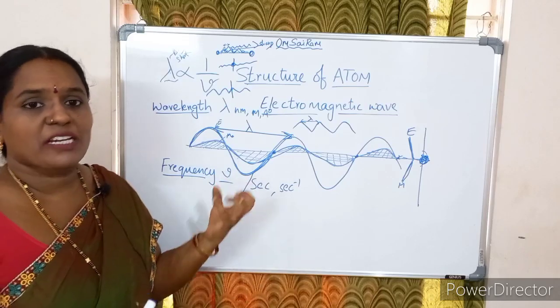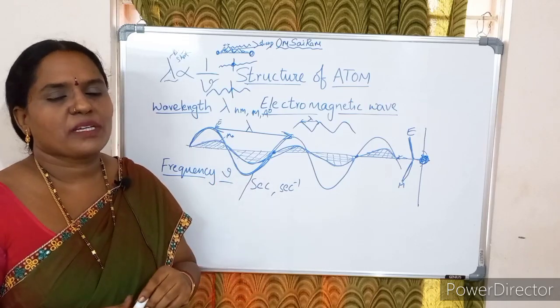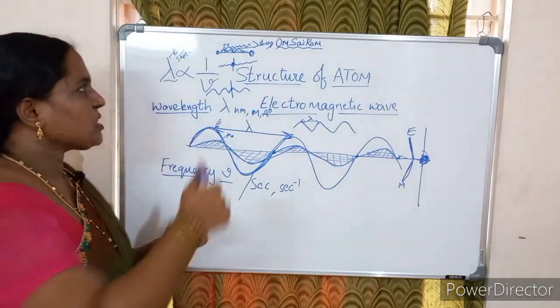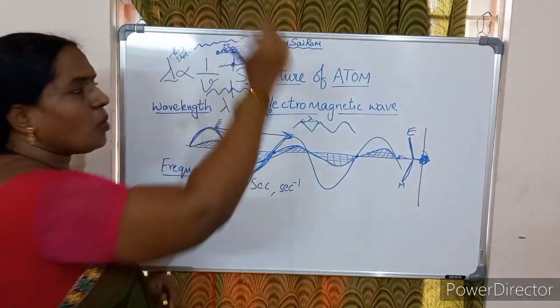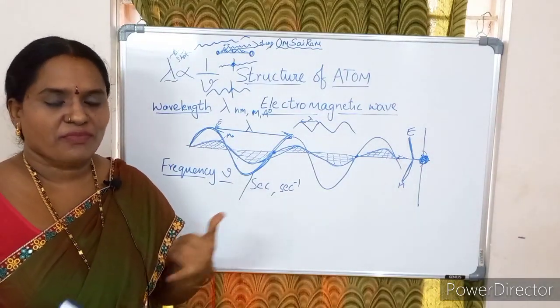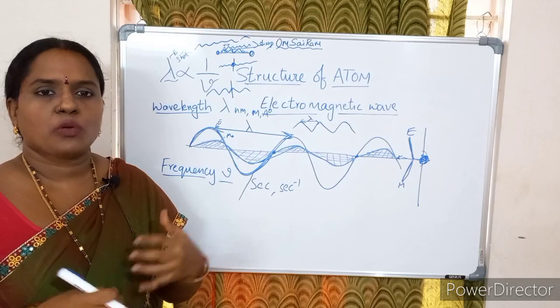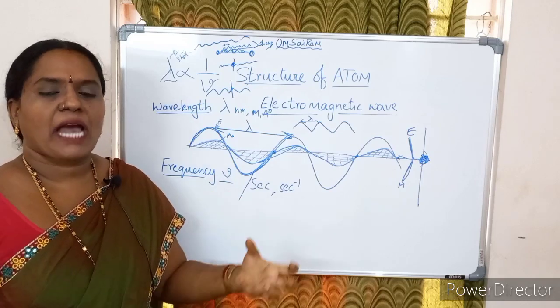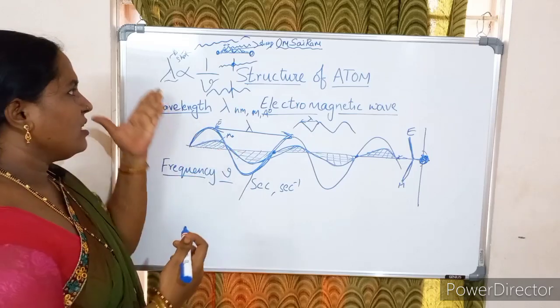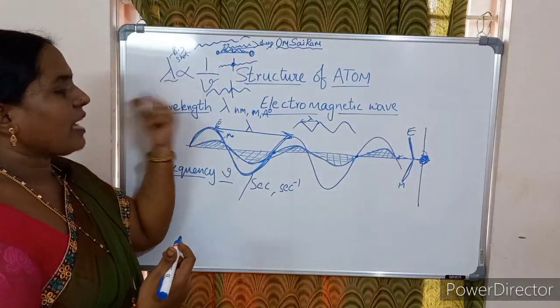For example, gamma rays are sharper electromagnetic waves. They have less wavelength. Those waves will be produced only by absorption of high amounts of energy, with low wavelength and high frequency.